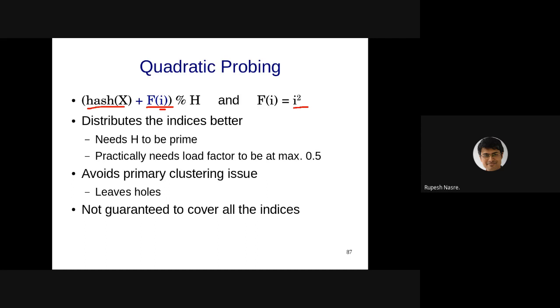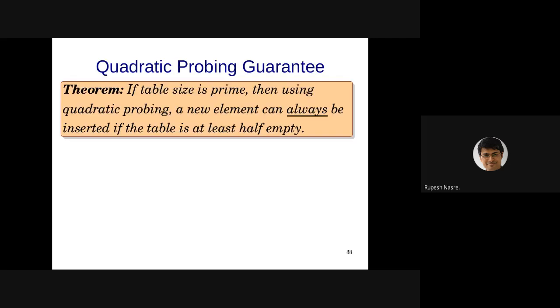Okay. So, yeah, there are some theoretical guarantees, by the way, which can be given in case of quadratic probing, which cannot be given in case of linear probing. So, if the table size is prime, right, and we are using quadratic probing, a new element can always be inserted if the table is at max half full, right?